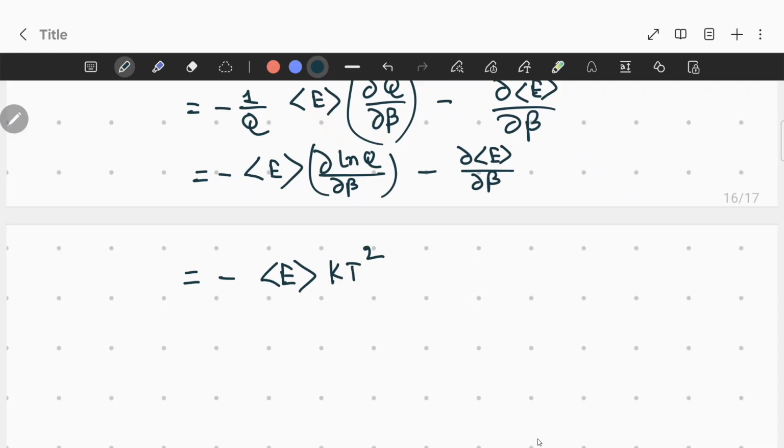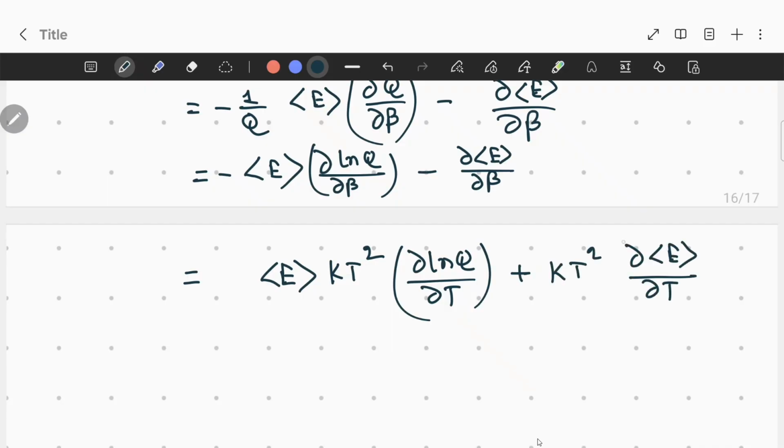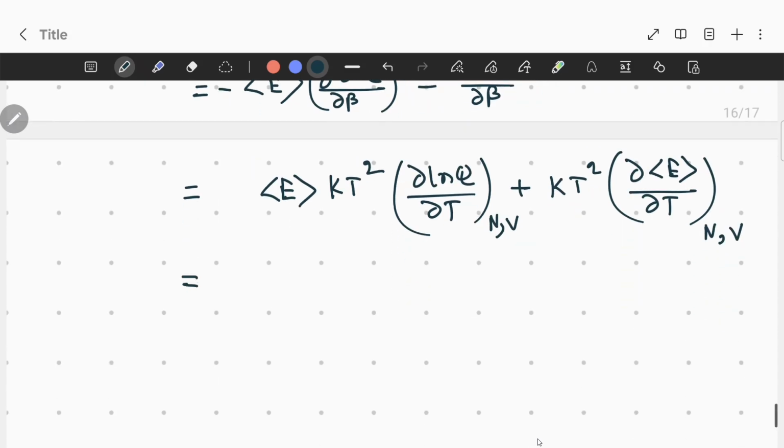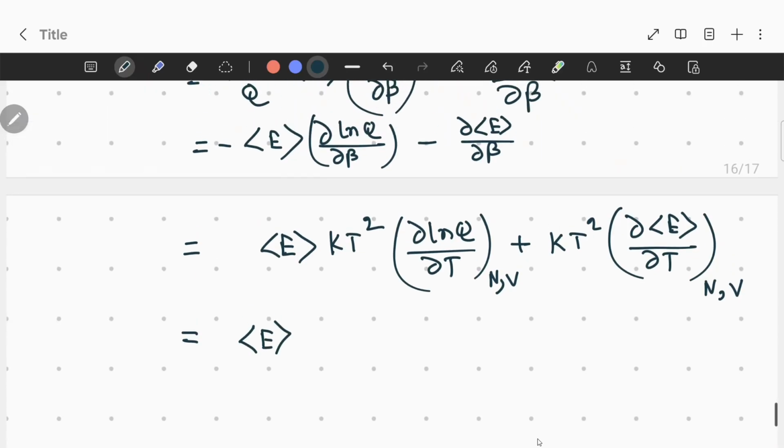It is eventually kT square, minus sign not there, del ln Q by del T. This you know. You can do it: just put beta equal to 1 by kT, then you can get it. And here also it is kT square, del by del T, with N and V constant. Correct.